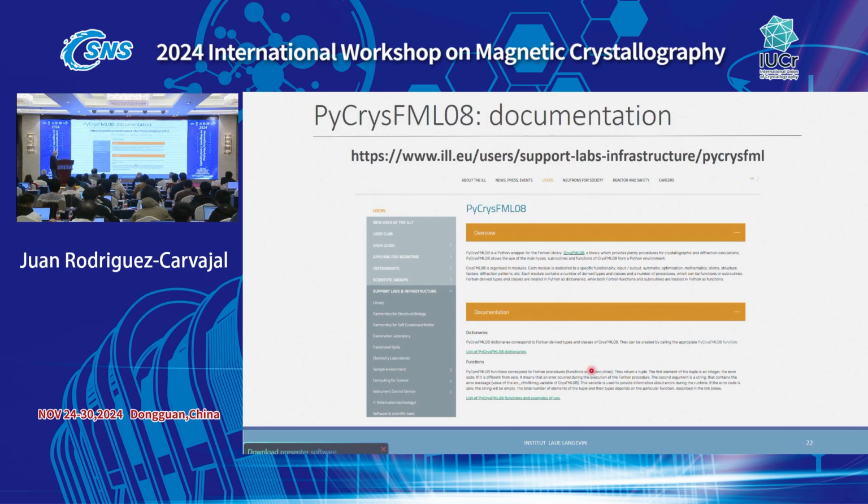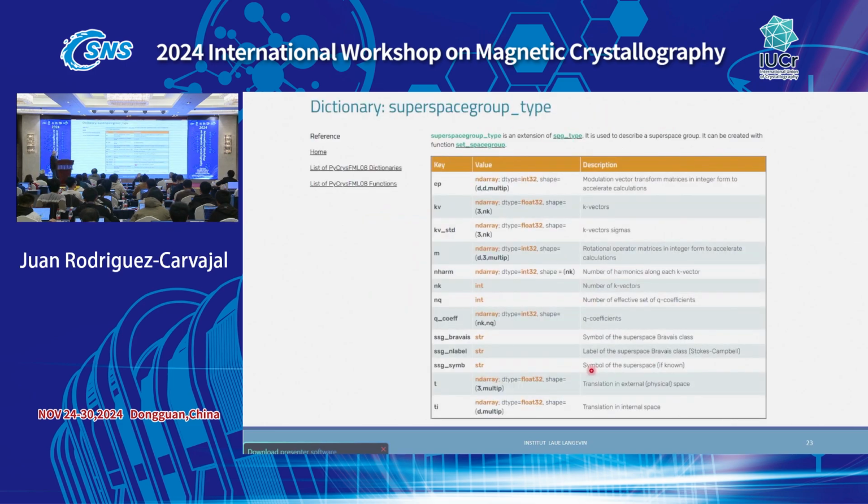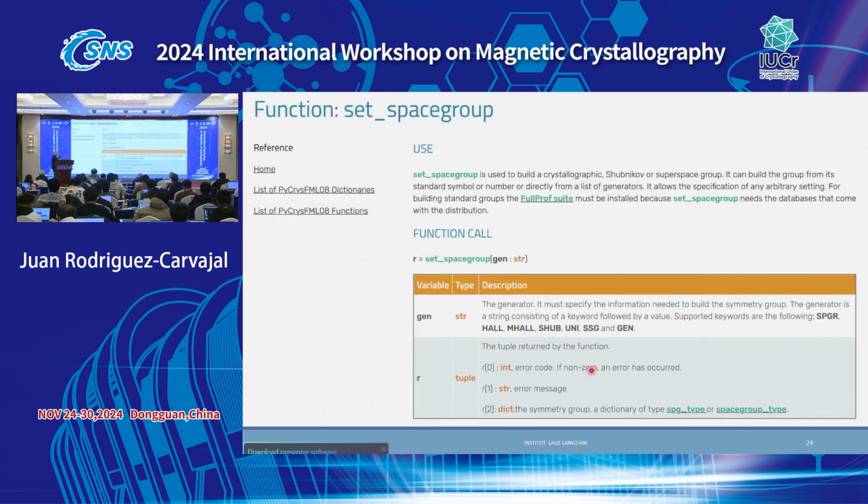Then we are documenting at the same time as developing this wrapper. You see, for example, this is a superspace group type, and then you have all the components, etc., explained, and then you can access all these kinds of things.